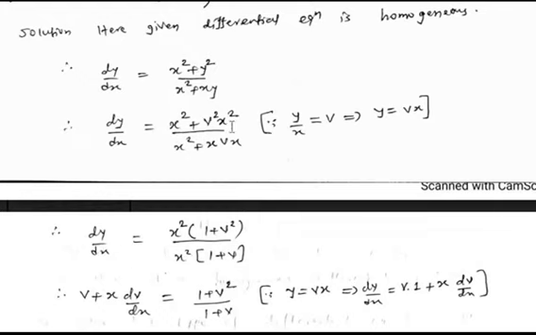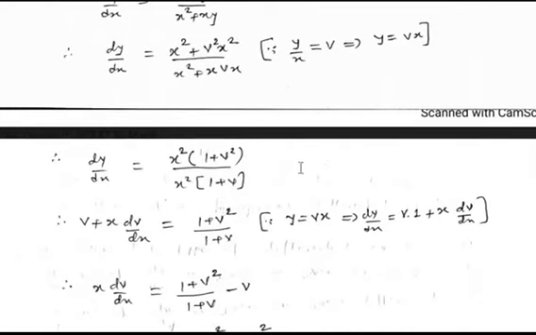So dy by dx equals, taking x square common, x square into (1 plus v square) over x square into (1 plus v). And as y equals vx, dy by dx will be v as it is, derivative of x is 1, plus x as it is, and derivative of v is dv by dx. So replacing dy by dx by v plus x dv by dx, and x square will cancel out, (1 plus v square) over (1 plus v).